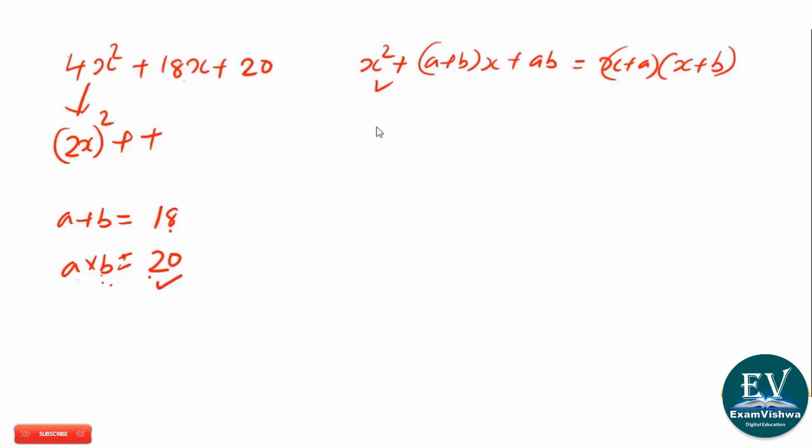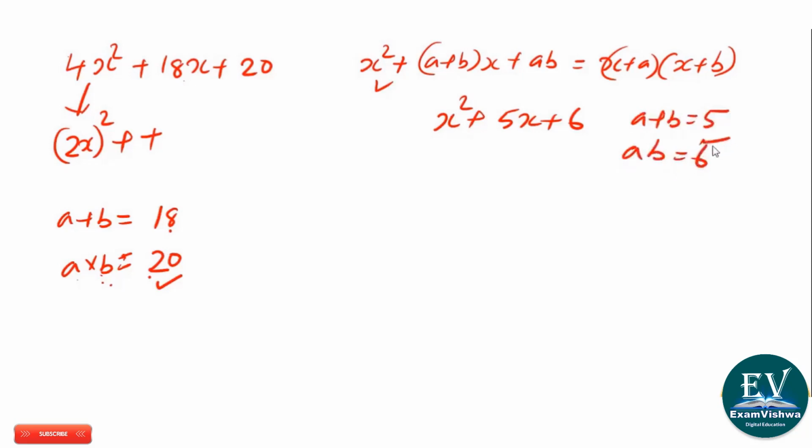Then it was realized that, just like in the earlier case, x square plus 5x plus 6, we found numbers where a plus b is 5 and ab is equal to 6.